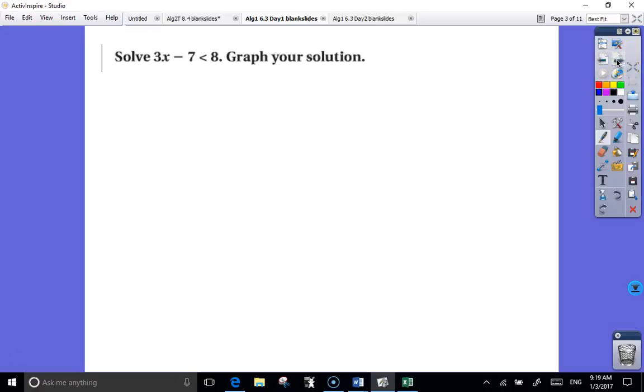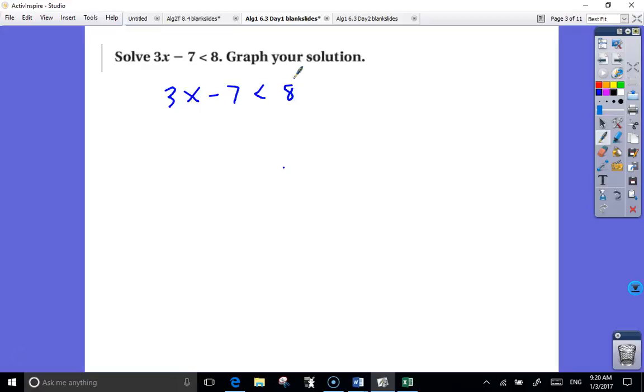So the only difference between what we're doing now is there might be more than one operation to solve. So what are going to be the 2 steps I need to isolate the variable in this inequality? So it looks like add 7, divide 3, right?